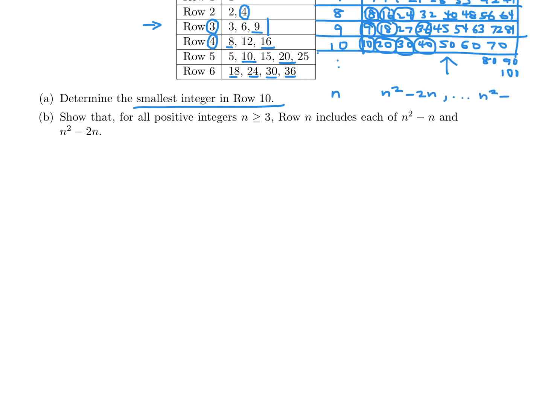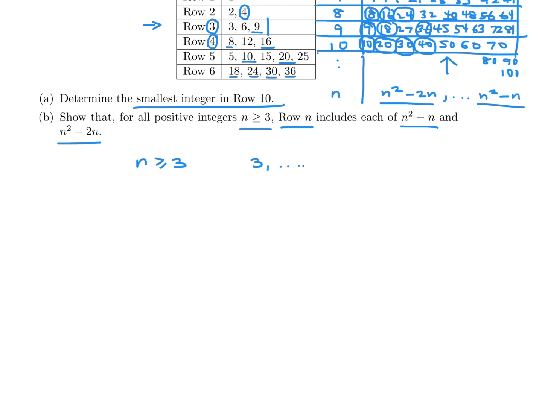How many others, we don't know, but they're just saying prove that n squared minus 2n and n squared minus n will be in row n if n is greater than or equal to 3. So that means we started with 3, and then we kind of went up.